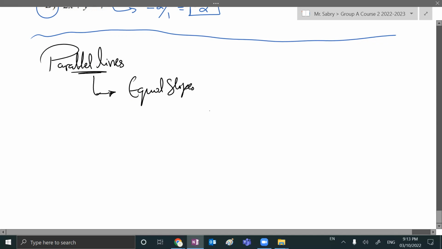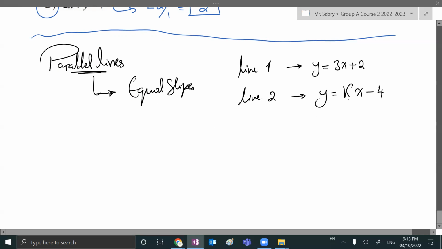So for example, if I told you that line 1, its equation is y equals 3x plus 2, and line 2, its equation is y equals, or rather not b because the letter b is confusing, kx minus 4. And I ask you what's the value of k?